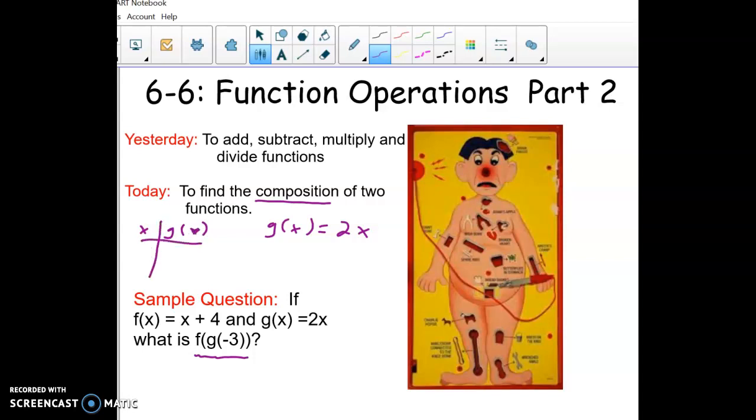And g itself is not a variable, it's the name of the function. So if we do something like g of 3, that doesn't mean g times 3. That means put a 3 in for x into the g function, and what do you get for an output? So if we were to do that, we could say the g function, when you input 3, gives an output of 6. And as an ordered pair, we would say input 3, output 6.